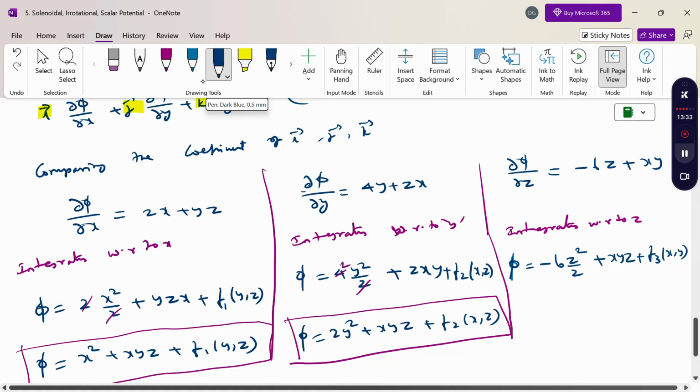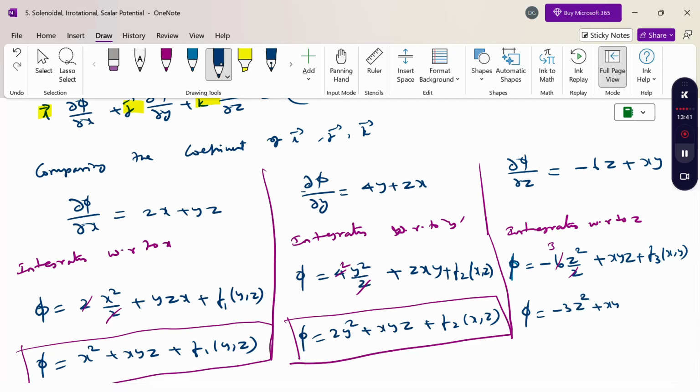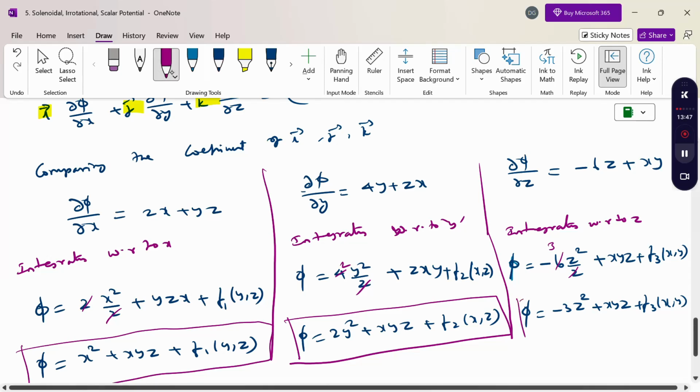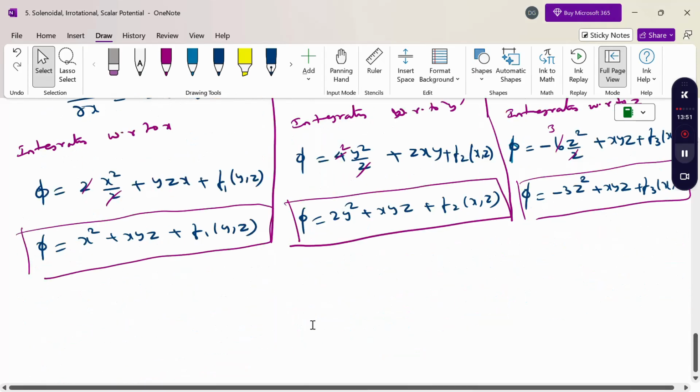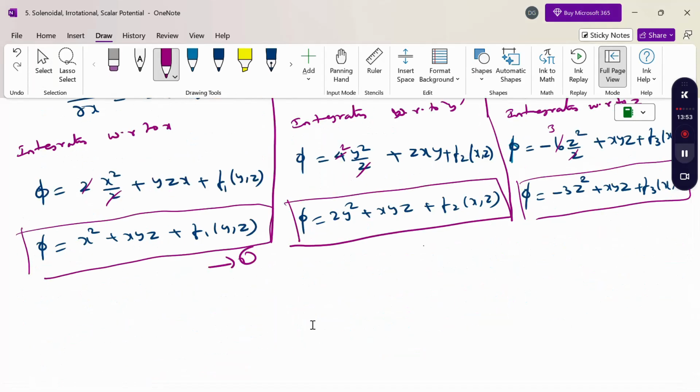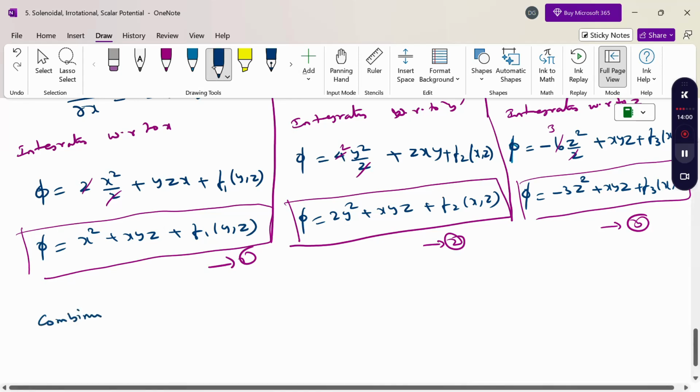Now when I cancel the two terms, phi equals minus 3z square plus xyz plus f3 of x comma y. Consider these as 1, 2, 3. Now combining 1, 2, 3.